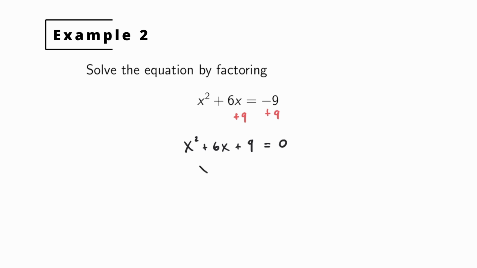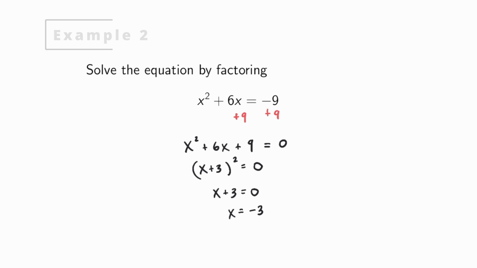So this will factor into x plus 3 squared. And since I have x plus 3 squared, that means either x plus 3 or x plus 3 must be 0. So from this, we get that x plus 3 must be equal to 0. So we subtract 3 from both sides, and we see that x must be -3.